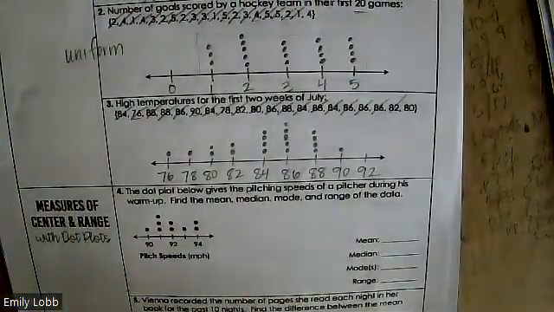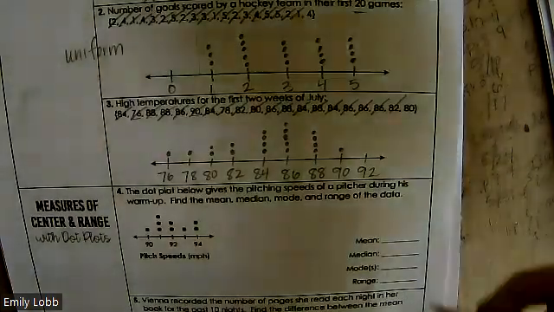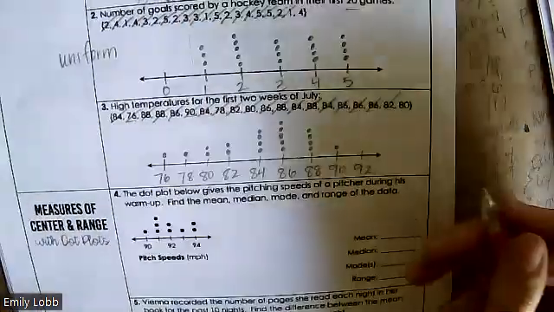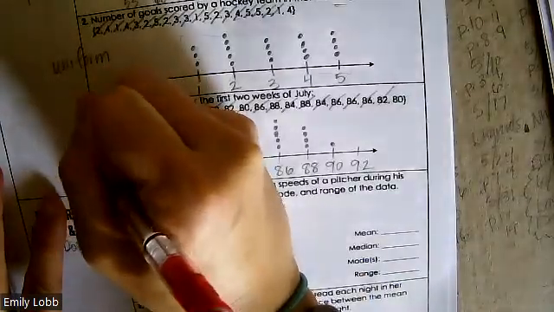So I would say most of my data values are on what side? The right side. So this is called skewed left.